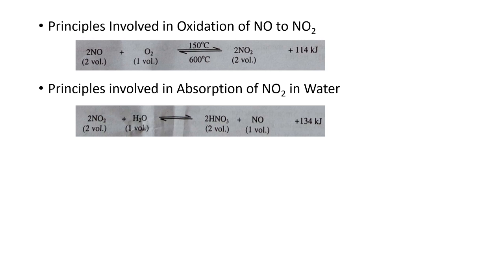Okay, absorption of NO2 by water under a controlled process gives nitric acid, that you can see here. The forward reaction is exothermic, so here also a lot of energy is evolved. Hence the rate of reaction can be increased by cooling the gases to 40 to 50 degrees Celsius. Now you know the first step is carried out at 750 degrees Celsius. The second step, which was just discussed above, is carried out at 150 degrees Celsius.